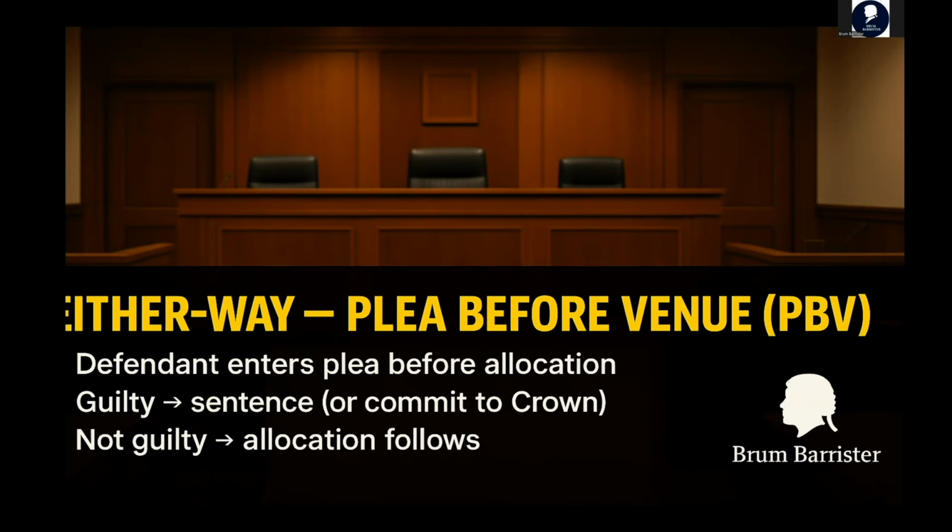If the defendant pleads not guilty, however, the court moves to allocation, and we'll look at that on the next slide. Just remember, PBV is for either way offences only. Indictable only offences skip this step entirely, and they go straight to the Crown Court under Section 51 of the Crime and Disorder Act 1998. We'll come back to that in a few slides' time.